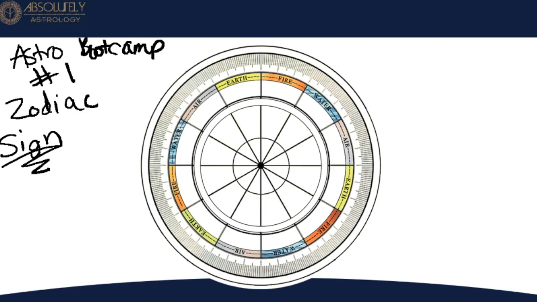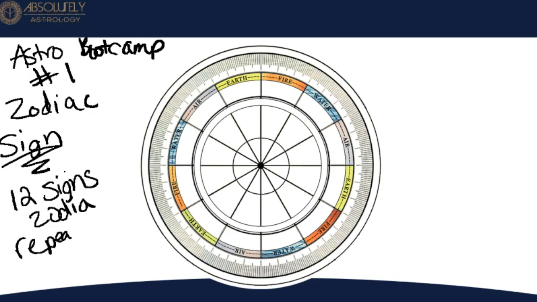But you may not even know that there are 12 signs in the Zodiac that are all based on a repeated pattern. So that's what we're going to be focusing on today, letting you understand exactly what the Zodiac is, how it functions. So if you can imagine, here we all are on Earth, okay?